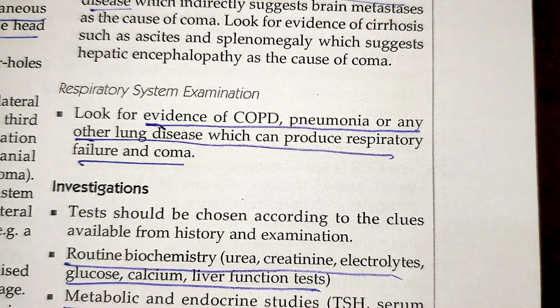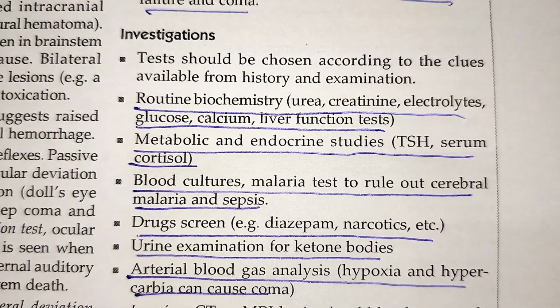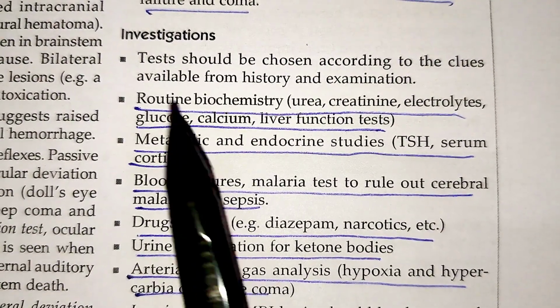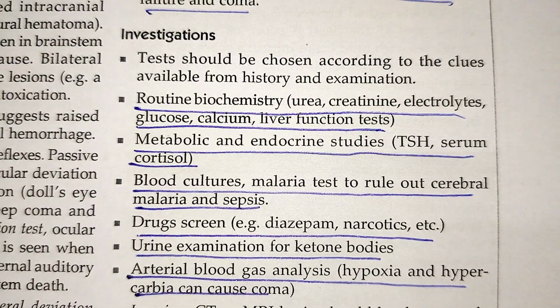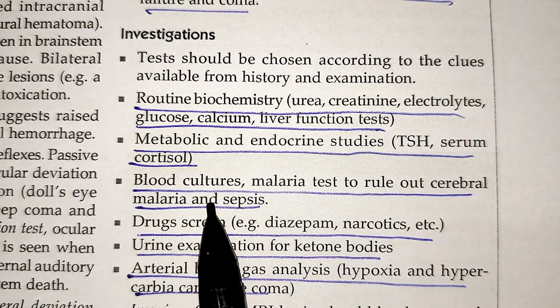Then investigations. Investigations done in comatose patients are routine biochemistry like urea, creatinine, electrolytes, glucose, calcium, and liver function tests. Simply, renal function tests and liver function tests. We should also check hormone levels like TSH, thyroid stimulating hormone, serum cortisol, then blood culture and malaria test to rule out cerebral malaria and sepsis.